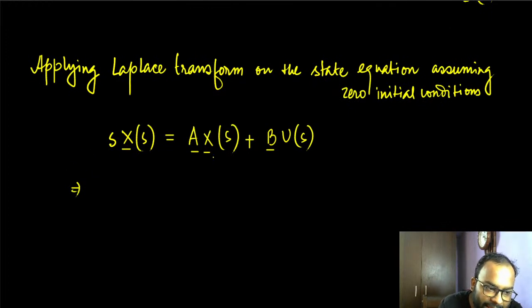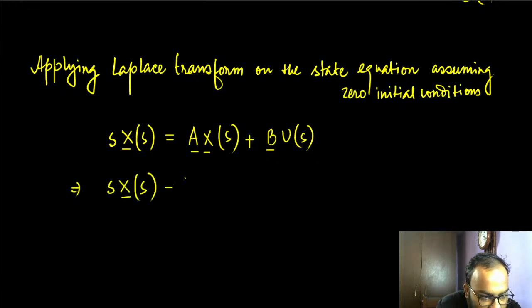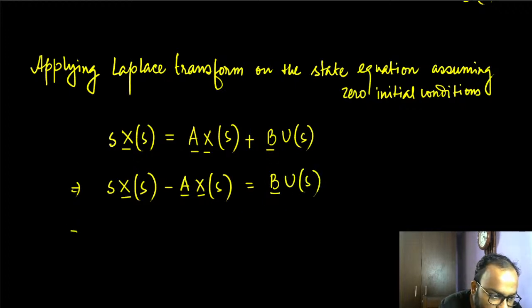All right. So now let's bring it here. Remember that A is a matrix, X is a vector, all that, right? So let's bring it to the left hand side. So if I bring it to the left hand side, then I have sX(s) minus AX(s), and that's equal to BU(s). Right. Remember these underlines.